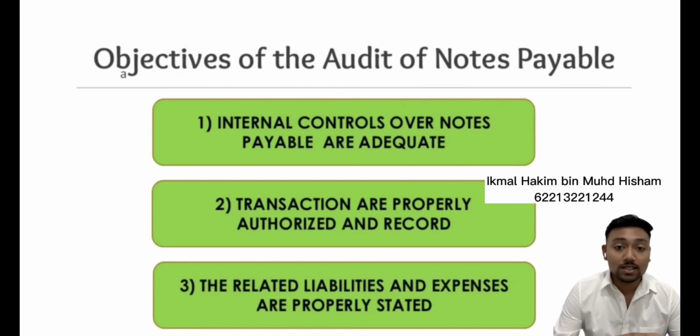The third one is that the liability for notes payable and the related interest expense and accrued liability are properly stated, as defined by 7 of the 8 balance-related audit objectives, where realizable value is not applicable to liability accounts. And the last one is that disclosures related to notes payable and the related interest expense satisfy the four presentation and disclosure audit objectives. That's all from me.